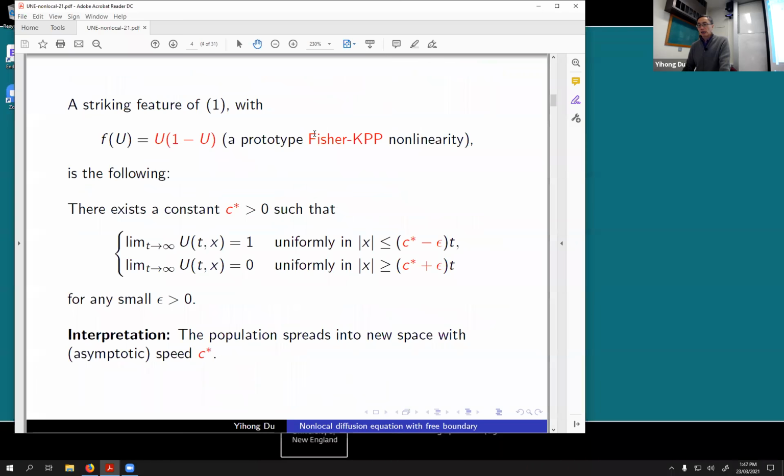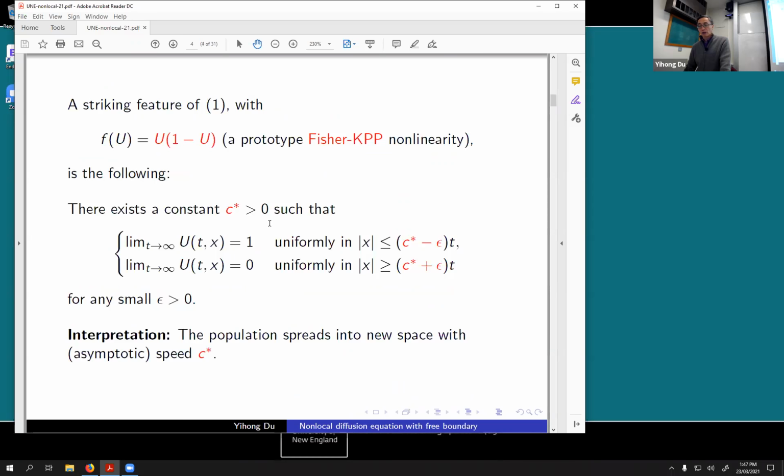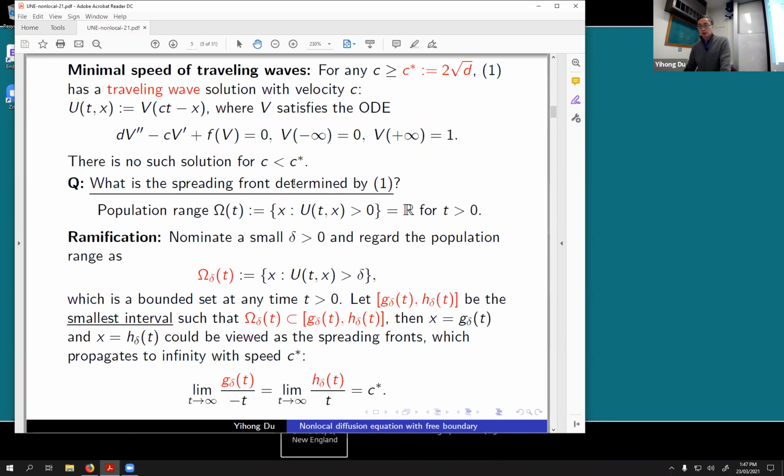Actually, KPP, they are first-rate mathematicians, and they even proved that if you choose your U0 as a Heaviside function like this, so 0 here and 1 there, and connected somehow in the middle, then the solution would converge to the traveling wave solution with the minimal speed C star in a certain sense.